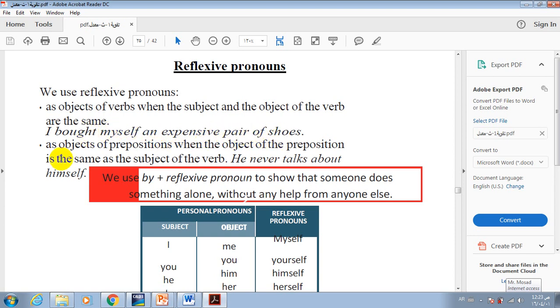Okay. And we use reflexive pronouns as objects of prepositions when the object of the preposition is the same as the subject of the verb. Like you see in the example, he never talks about himself.